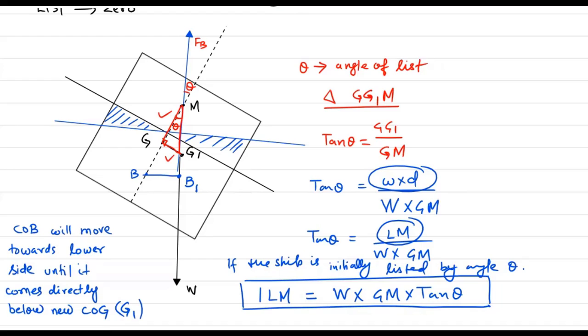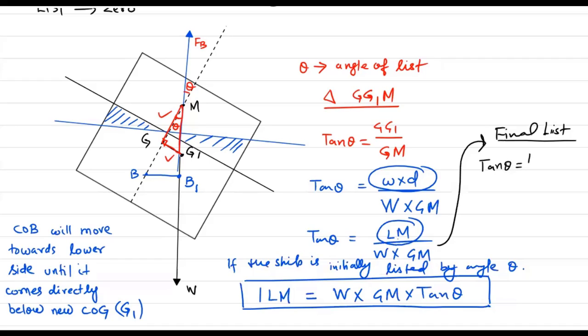सेम वे अगर फाइनल लिस्ट निकालना है, सपोज you loaded something on the port, something for the starboard, you discharge something here and there. So let's modify this formula further, and I am saying the final list. I'm just modifying this formula. इसको ऐसे लिखेंगे tan theta.